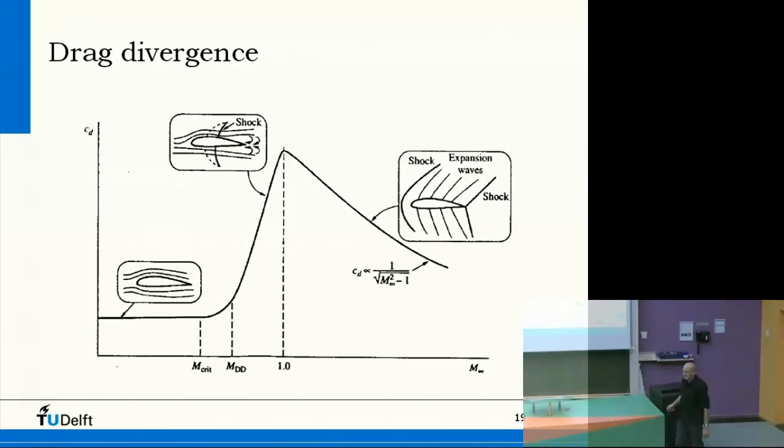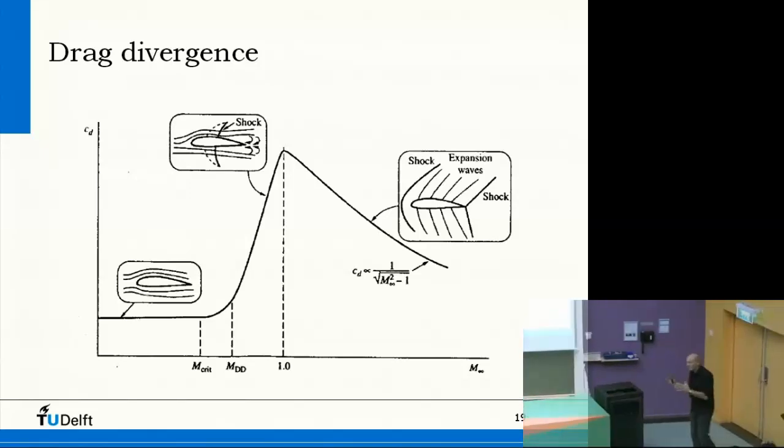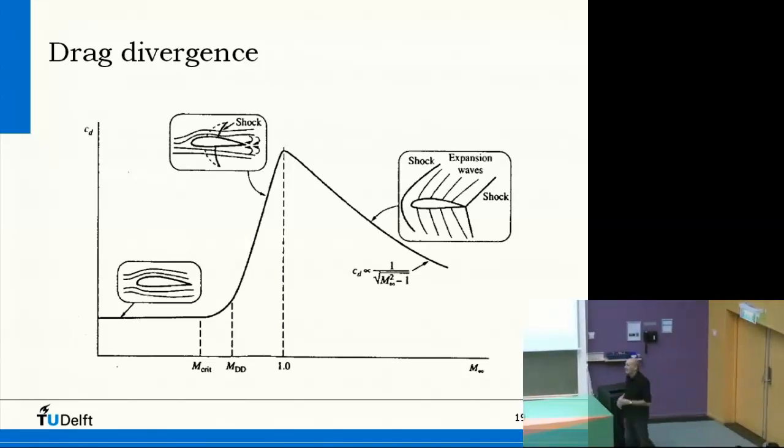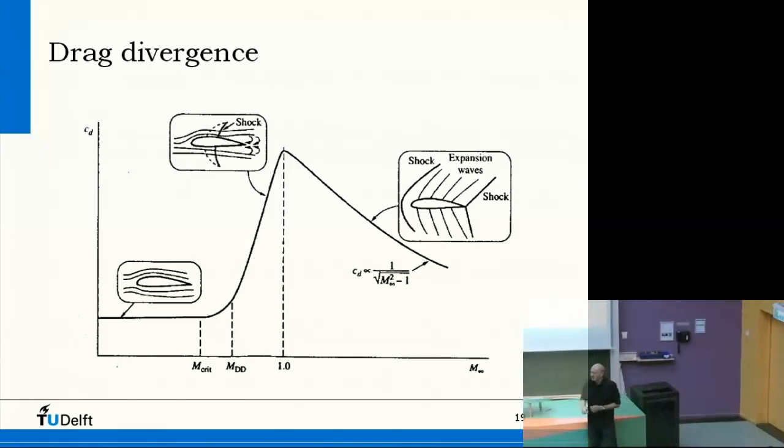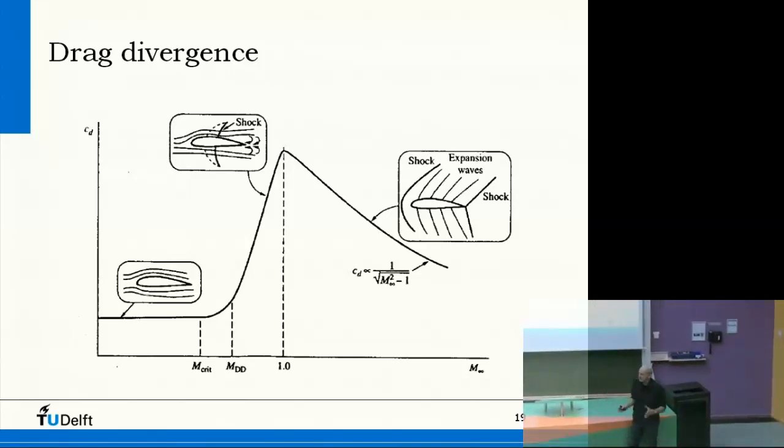And how is that possible? That is possible because a shock develops at the upper surface, or at the lower surface, or both, depending on the velocities, of course. A shock is there, and over a shock, the pressure goes up. That's what you hear, of course, when there's an airplane crossing Mach 1, then you hear a sudden shock, you feel something in your ears, and that is this pressure increase.